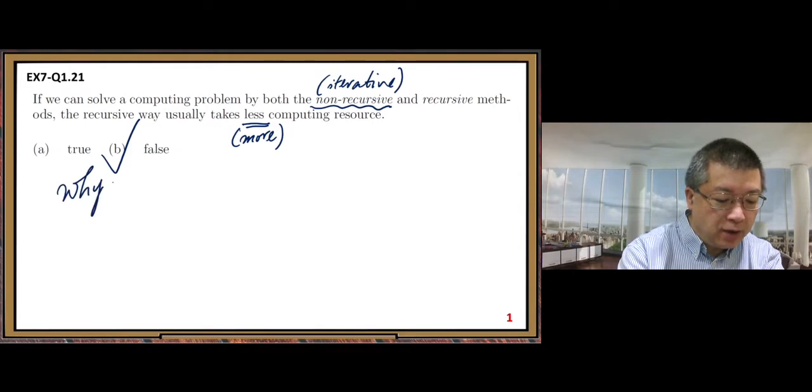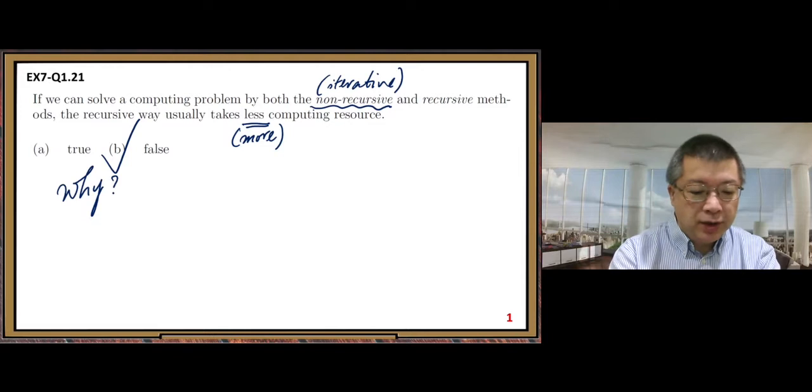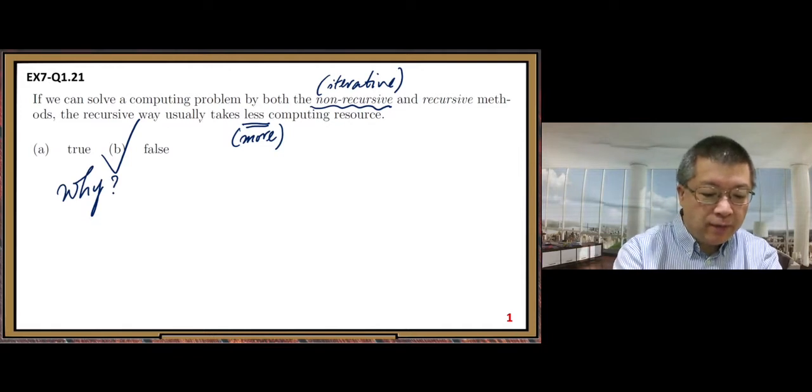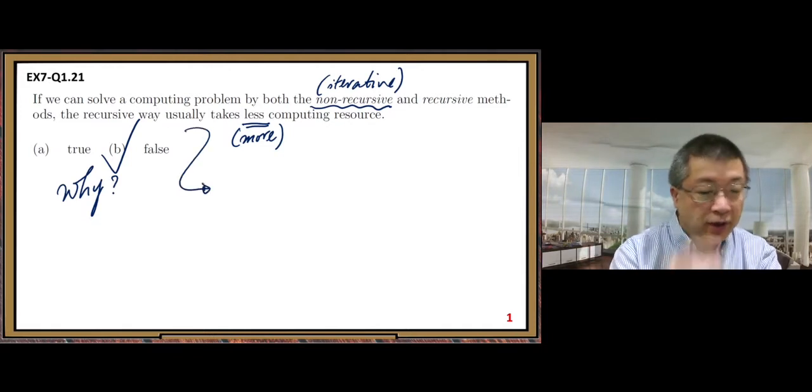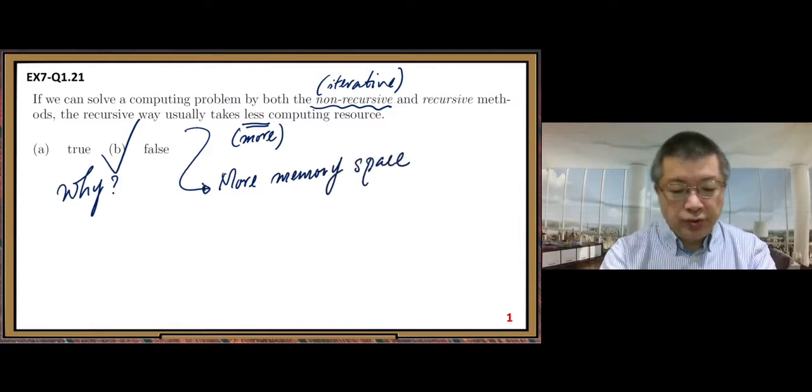Yeah, so here let me explain another time why. Because recursive way usually takes more memory space. Due to recursion.